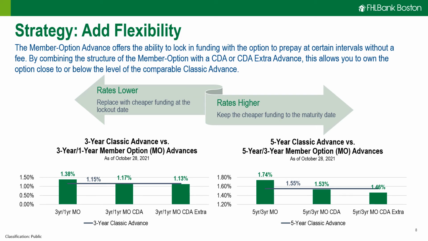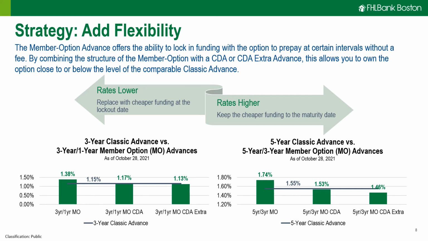Let's focus on the left side here for simplicity and look at the 3-year, 1-year member option. This is a 3-year final maturity, and there's an initial lockout period of 1 year, meaning that the advance has to stay on the books for at least 1 year. But at that 1 year mark, you have the ability to collapse the funding, and then every 6 months after that until the final maturity in 3 years.